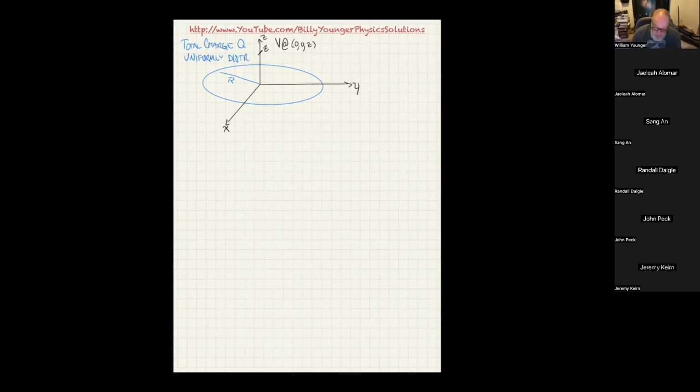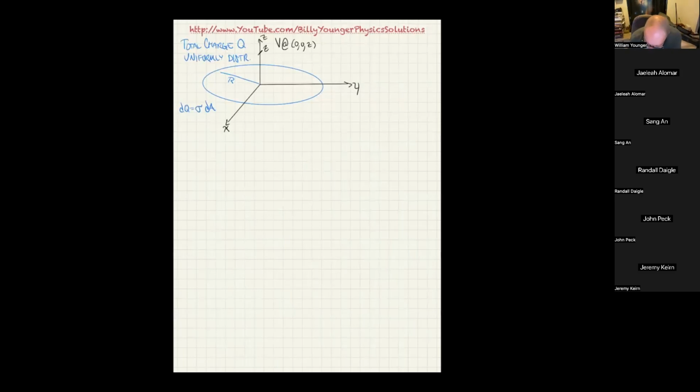Okay. So it's got a uniformly distributed charge. It's obviously a surface area. So that immediately makes us think dq should be equal to sigma dA. And that's what we're going to do.